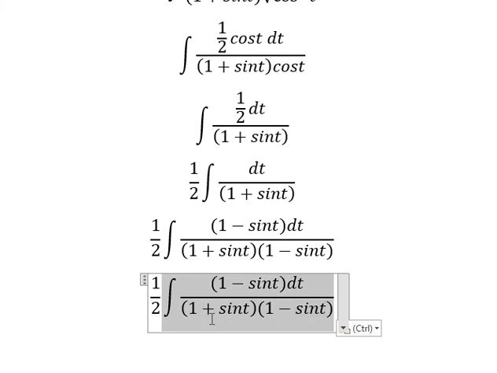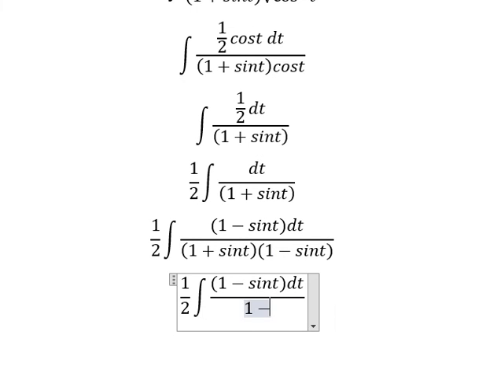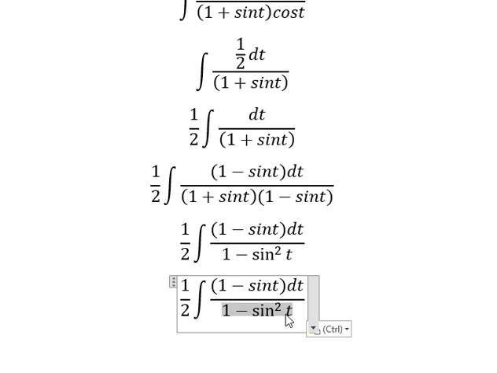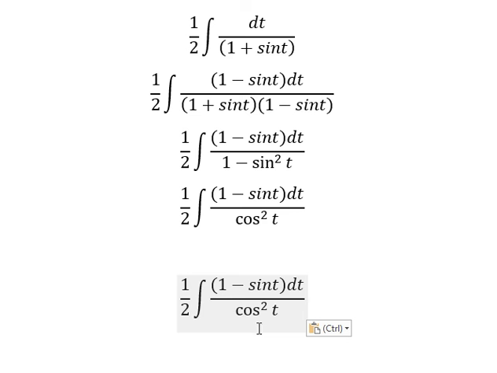So this one we have 1 minus sine t squared, and this one we have cosine t squared. So we have 1 divided by cosine t squared and sine t divided by cosine t squared.